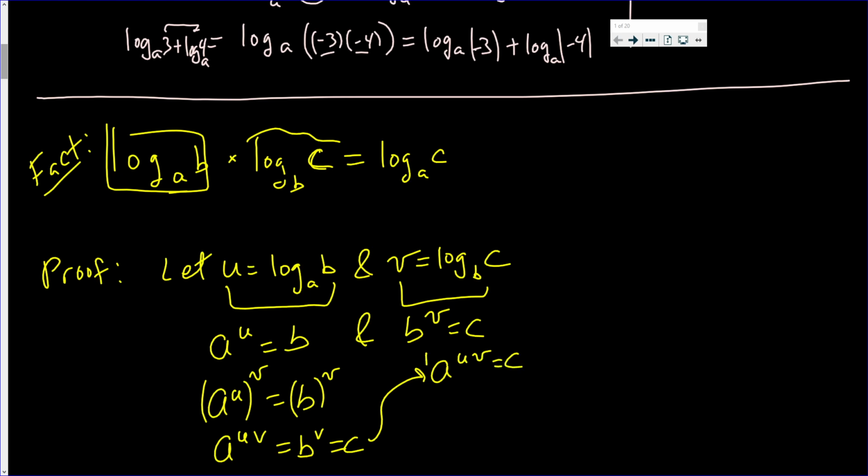That's all I wanted. When I write this using logs, I get log base a of c is equal to uv. But what is u and v?